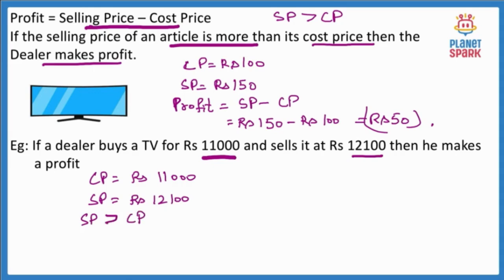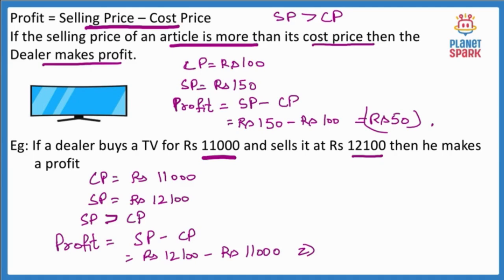Clearly in this case, selling price is greater than cost price. 12,100 is greater than 11,000. So this is the case of profit. Profit is going to be selling price minus cost price, SP minus CP, that is 12,100 minus 11,000, which gives us rupees 1,100. Just remember, if selling price is greater than cost price, it is always a case of profit.